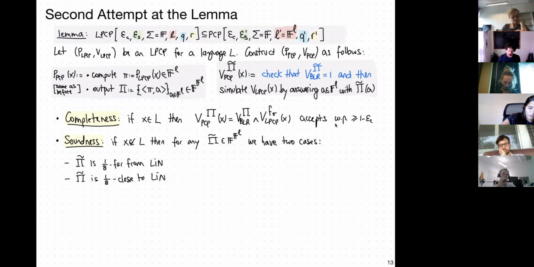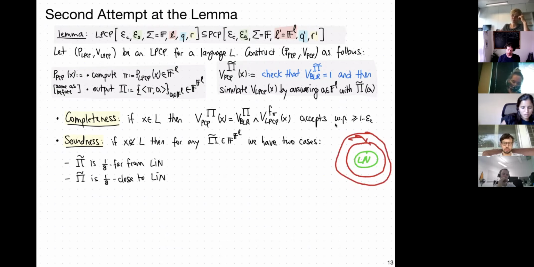Remember, it's a property testing algorithm, so we accept linear functions and we reject things which are far from linear. But if we are close to being linear, but not linear, then in fact we don't know. So this is a problem. What do we do in this case?